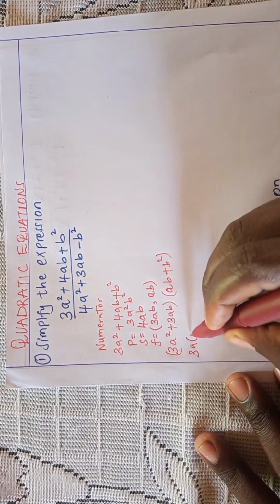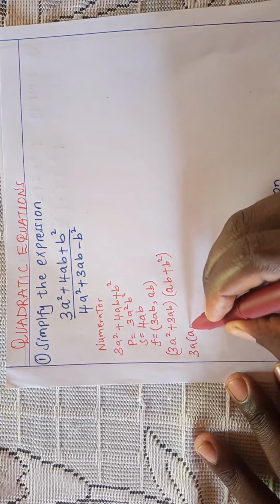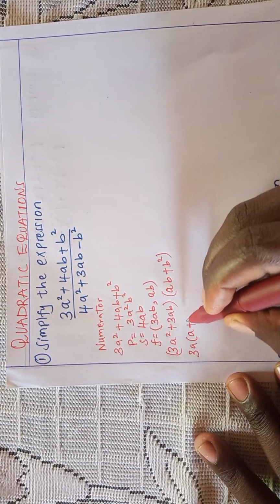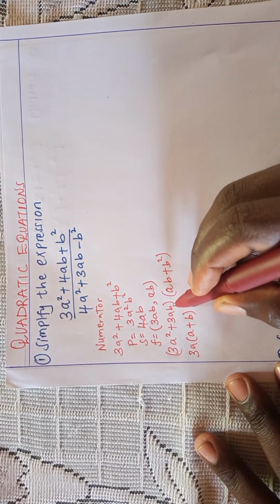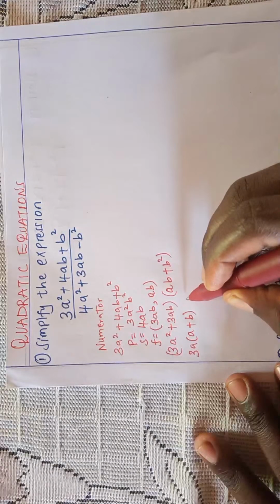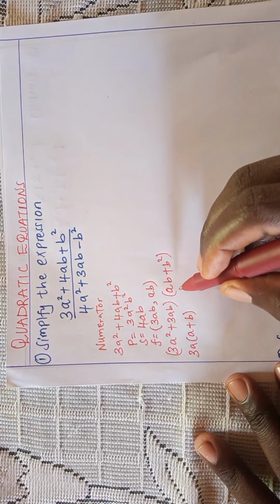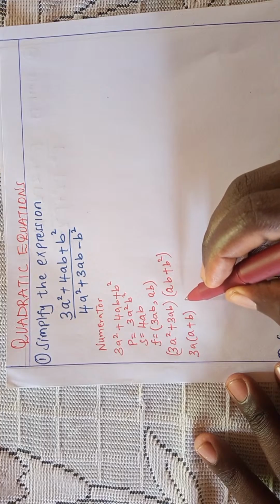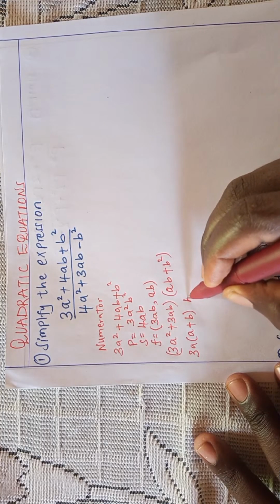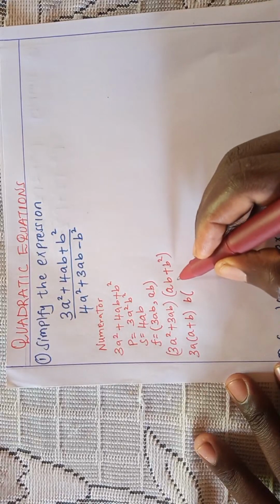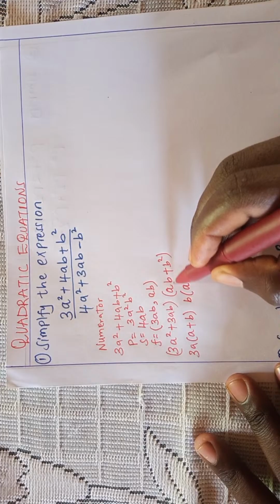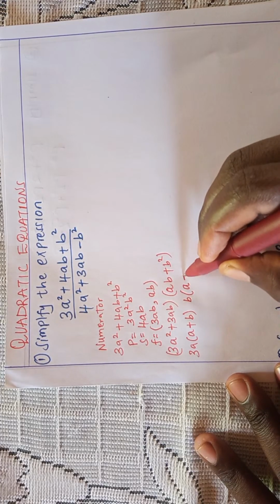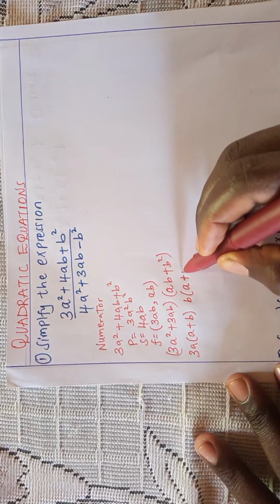When you multiply by a, you get 3a squared, plus, when you multiply by b, you get 3ab. Now the second bracket: the common factor is b. Multiplying b by a, you get ab, plus, multiplying b by itself, you get b squared.